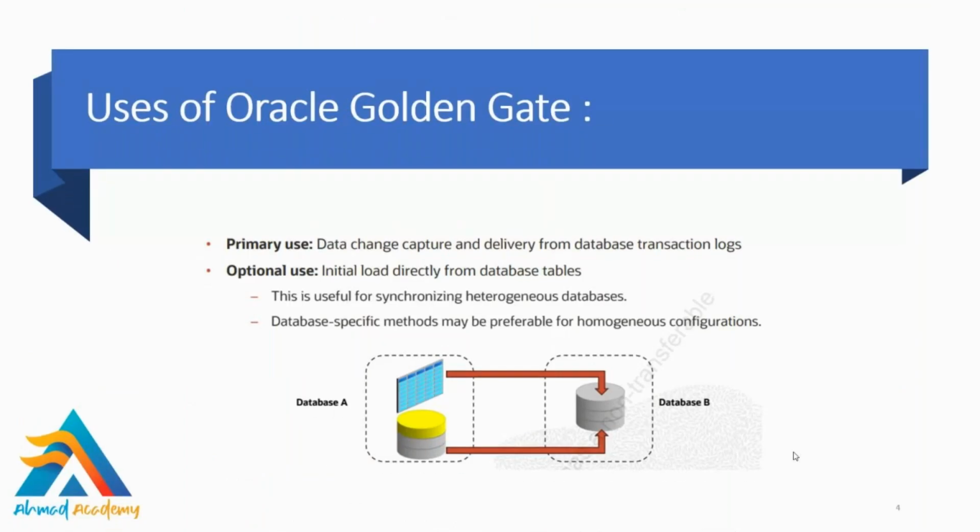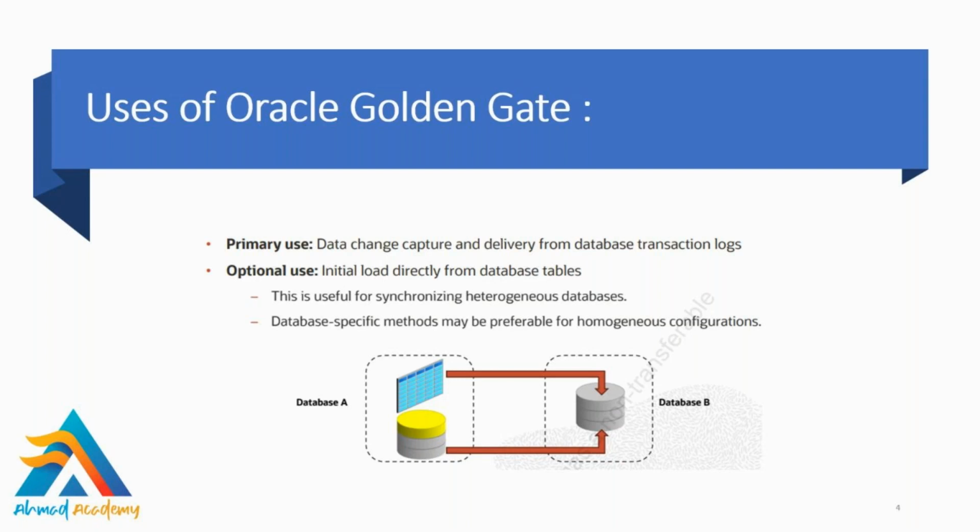And the primary uses of Golden Gate: it will capture the change data and deliver it from database transaction logs, and an optional use is initial load directly from database tables.